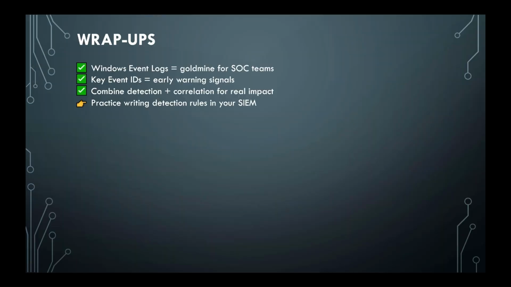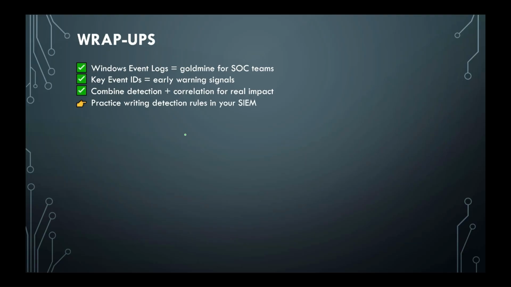And let's wrap it up. Windows event logs provide a gold mine of information about what is happening on your machines, and by focusing on key event IDs you can start to detect and respond to threats effectively, whether it is spotting brute force attempts, malicious services, or unusual network access.